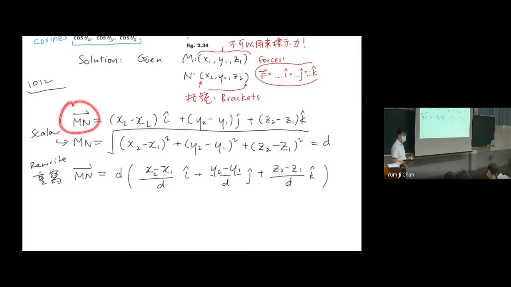From this MN, we multiply by d and we divide the terms by d.